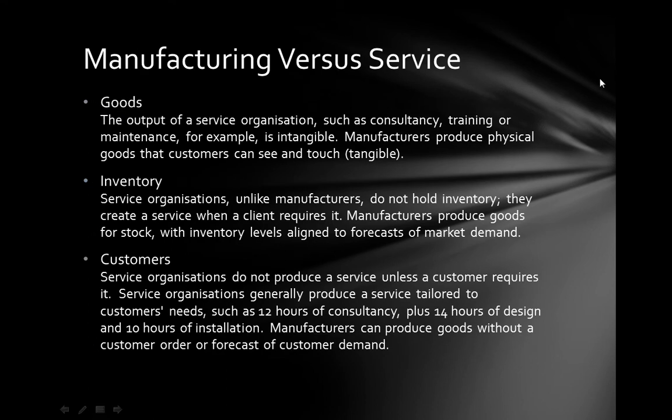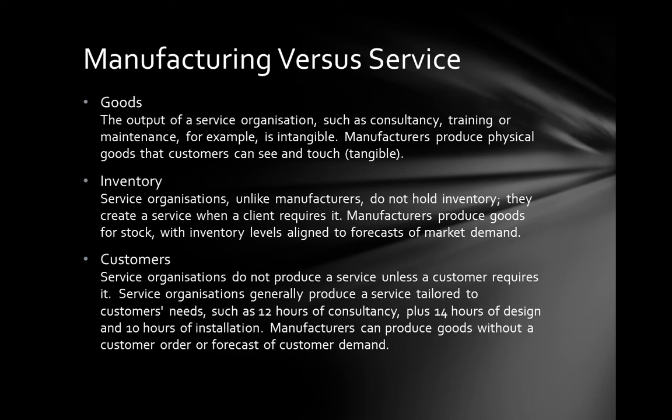Manufacturing versus service organisations. So what is the difference between a manufacturing organisation and a service organisation? There are 5 key differences. The first one, goods. The output of a service organisation, such as consultancy, training or maintenance, for example, is intangible.